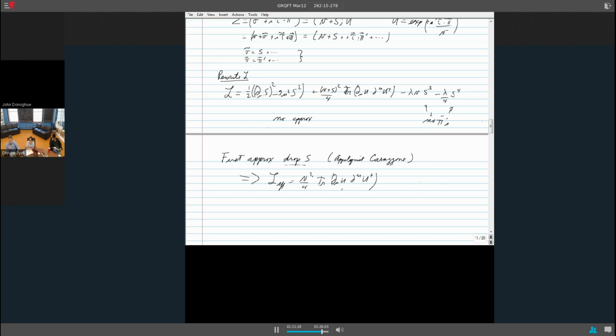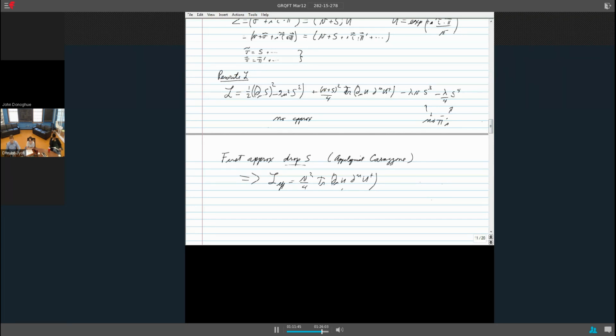So the way we would imagine dealing with this is to integrate out the sigma, or the s in this case. Well, some of these are going to end up being the equivalent of loops. So the s cubed and the s to the 4th end up being loop-like.